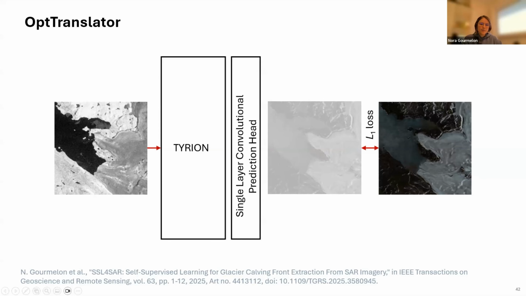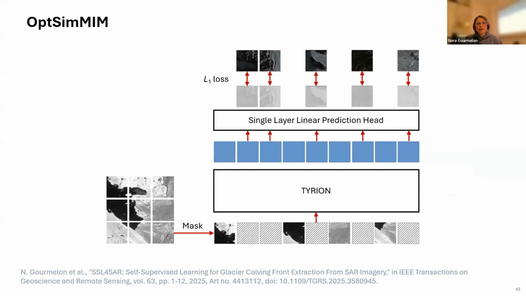The second pre-training scheme that I came up with is Opt-SimMIM. That is based on the simple framework of masked image modeling, where we cut the image into patches, mask out some of these patches, and then feed all of them into the architecture.